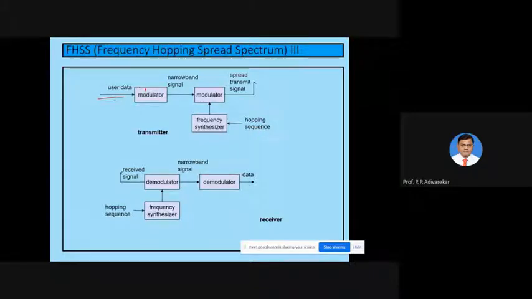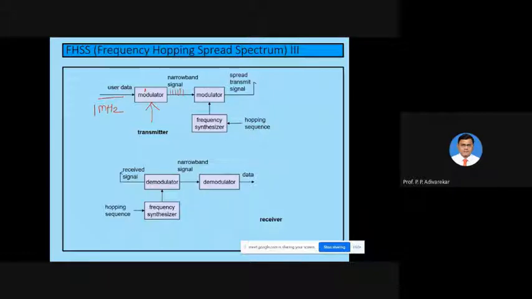Here it will be provided with the carrier frequency FC. Let's say user data is 1 megahertz, so the carrier will be of much larger frequency. This FC will divide the entire bandwidth into smaller narrow band signals.